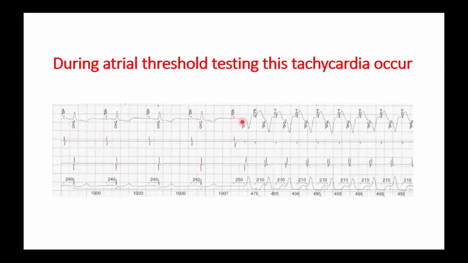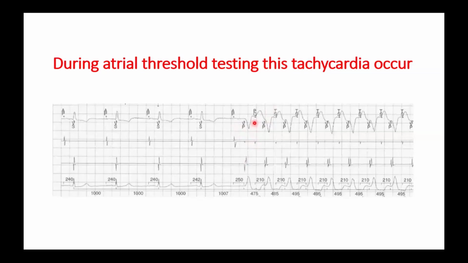Here atrial pacing, there is no P wave, so it didn't capture the atrium, followed by ventricular pacing at this long AV interval, and there is a retrograde conduction.